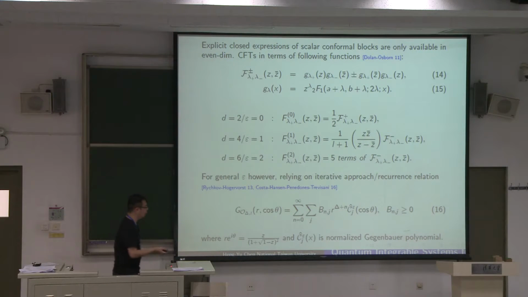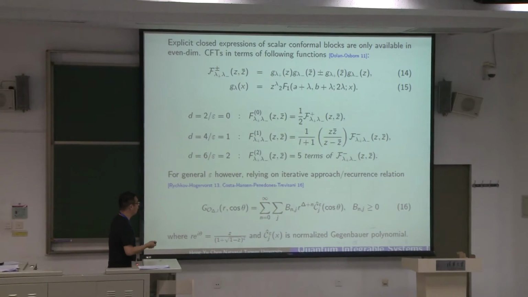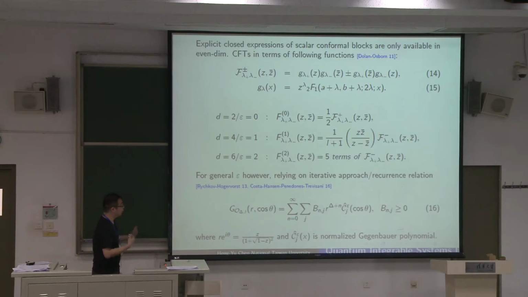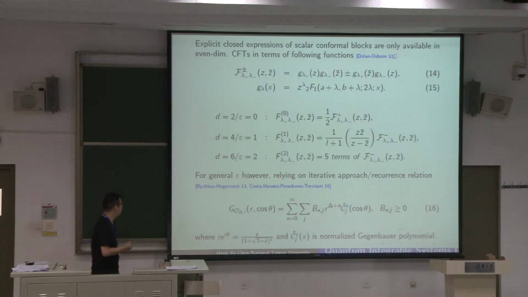want to go away from the integer dimensions, you basically have to rely on those iterative approaches, and there are those recurrence relations for which we have to introduce a new coordinate transformation, and those were done in the paper by Reichkopf, and there's also the paper by Costa et al.